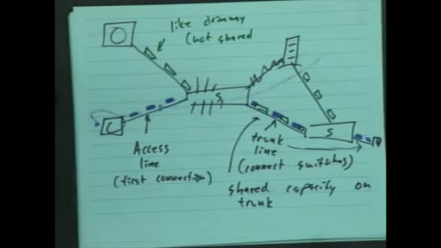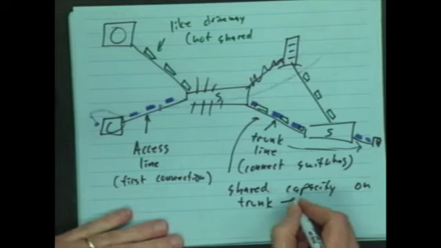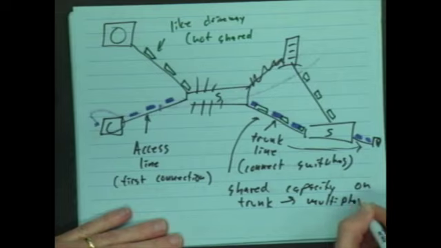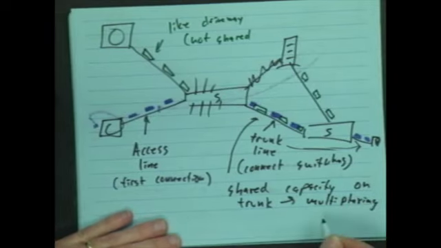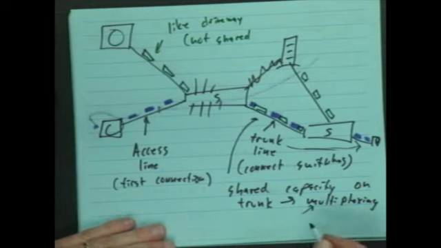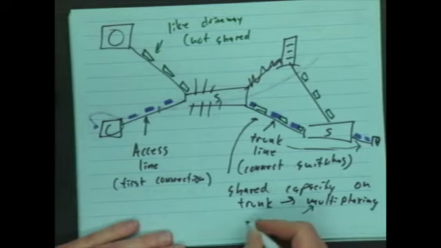So we use shared capacity there. Shared trunk line, there you go. So we share our capacity on a trunk line. This means it's done what's called multiplexing. Multiplexing is basically the method for keeping individual conversations apart.